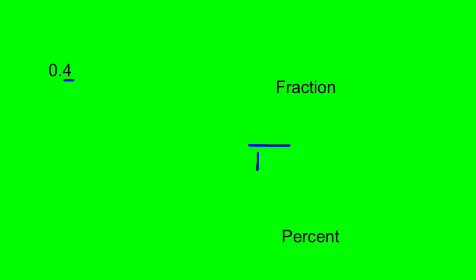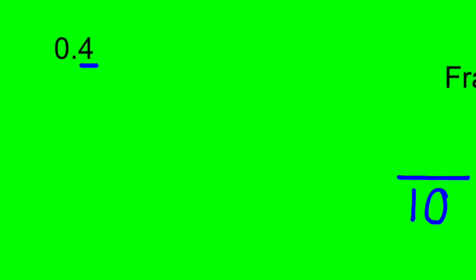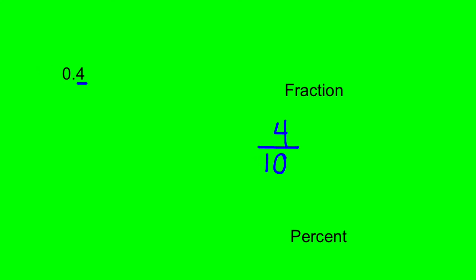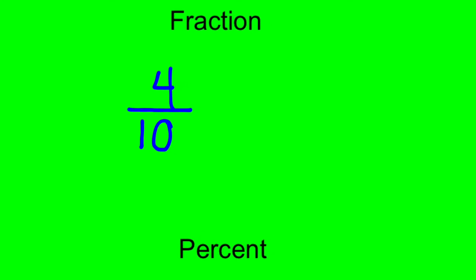And what happens if we have a fraction that's in the tenths, or a decimal that's in the tenths? That's 4 tenths. Got to be careful. 1 decimal spot, which means our fraction, the denominator, will only have 1 zero. 1 decimal spot, tenths, 1 zero in the denominator of the fraction. And we have 4 of those tenths. Now, we want to make a percent.